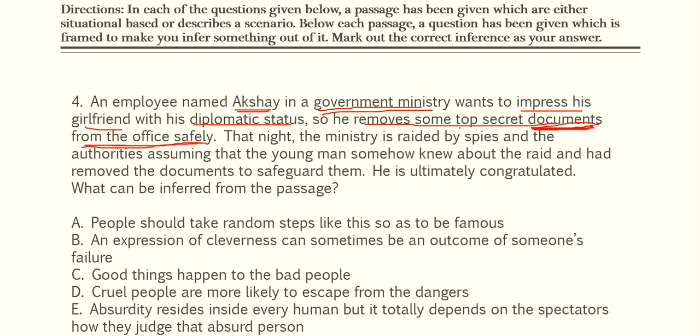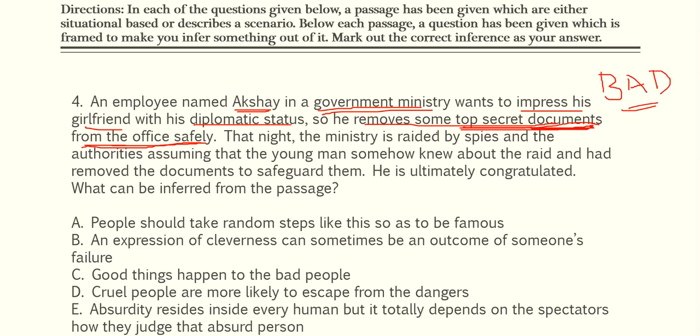Now he has removed those top secret documents just to impress his girlfriend. So is he an ethical person? No, we cannot say that he is an ethical person. In simple terms, in lucid terms, suppose a layman tries to understand the passage, I can say he is a bad person. Right? In a layman's term, he is a bad person.